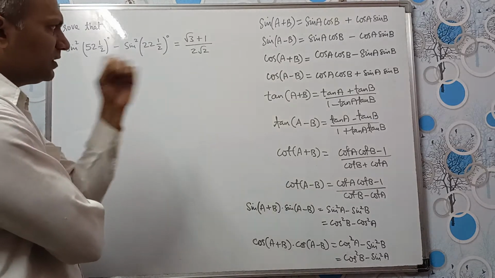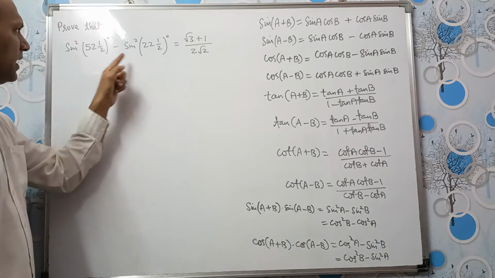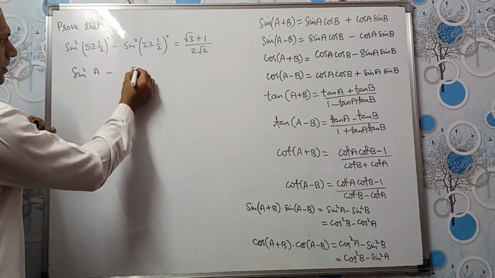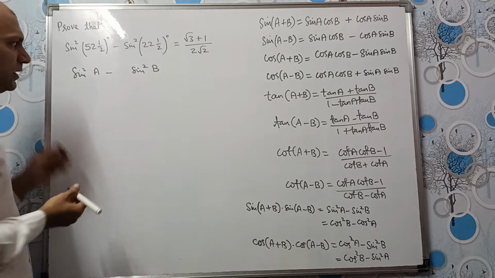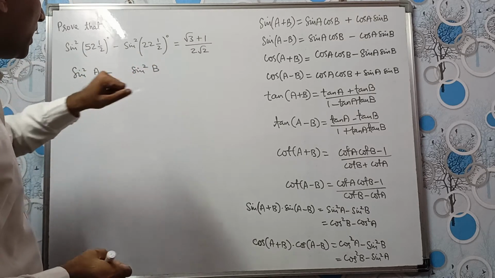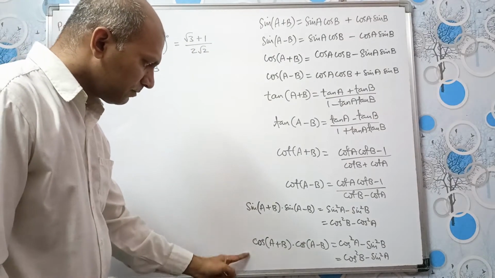So just see, we have learned all these formulas, right? Sine square A minus sine square B. If you take A as 52 and a half and B as 22 and a half, it is sine square A minus sine square B. Do we have sine square A, sine square B anywhere?